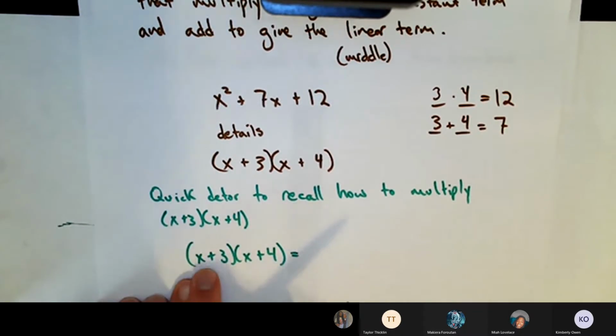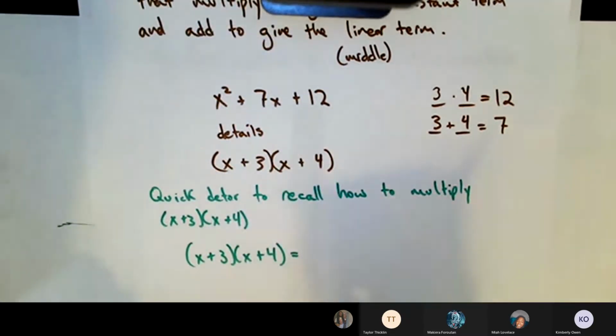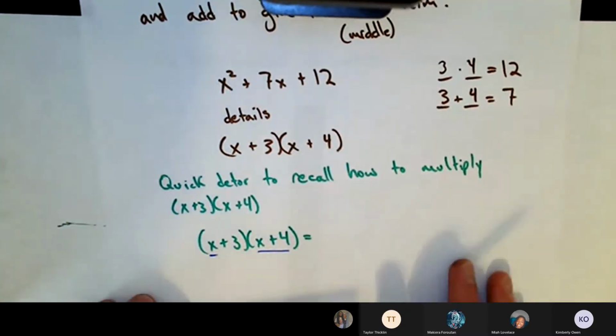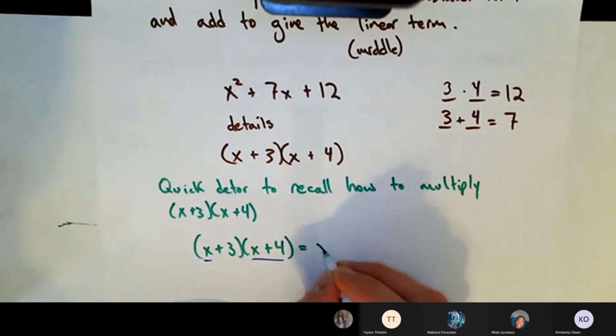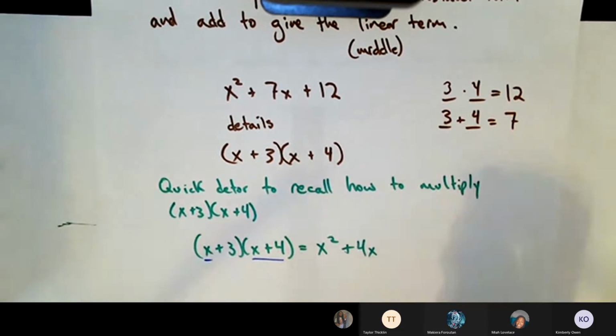So you act as if you're distributing the x to both of these. I'm going to take x and send it to both of these. So x times x is x squared. x times positive 4 gives me positive 4x. Those are my terms coming from x being distributed to both of these.